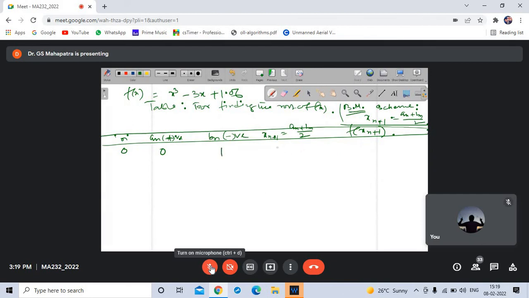And divided by 2, a0 plus b0, so 0 plus 1 by 2. This case I am writing; the next one I will not write. Now f of 0.5. Anyone? What is f of 0.5? Quick. You should have a calculator right now. So just put 0.5 for x. What is the answer?